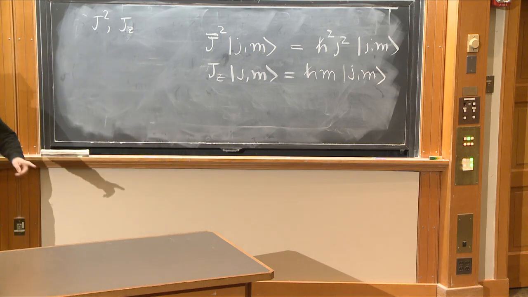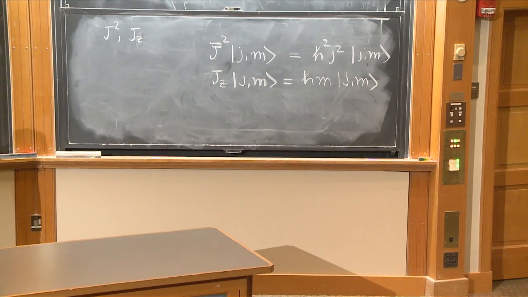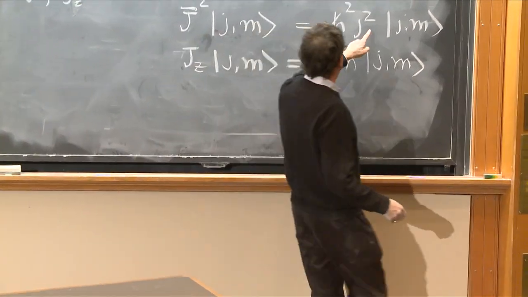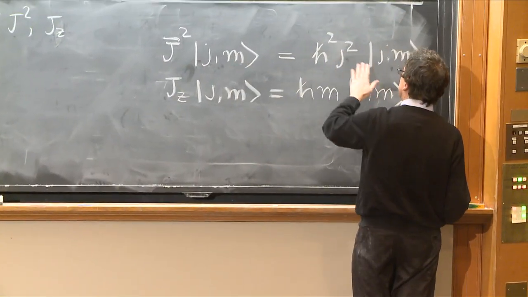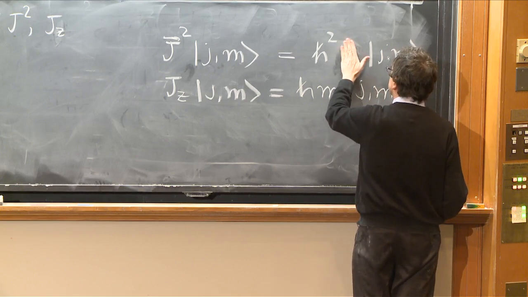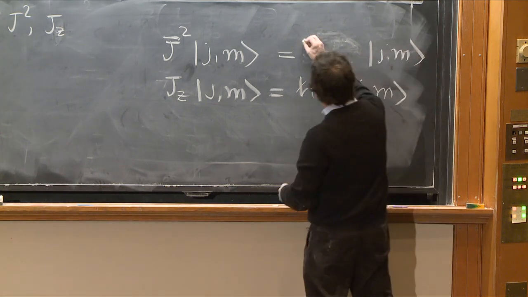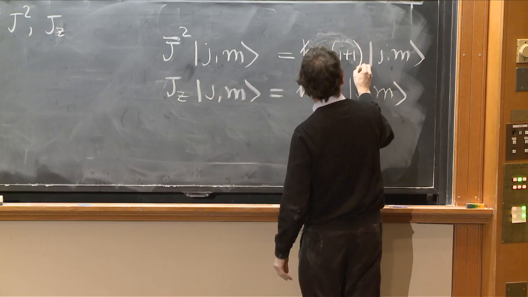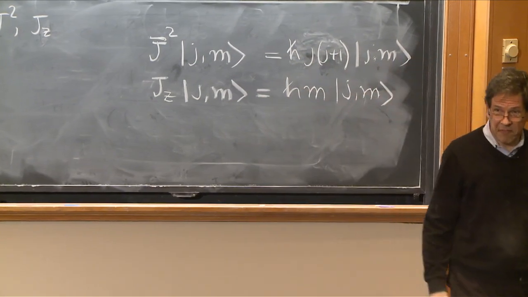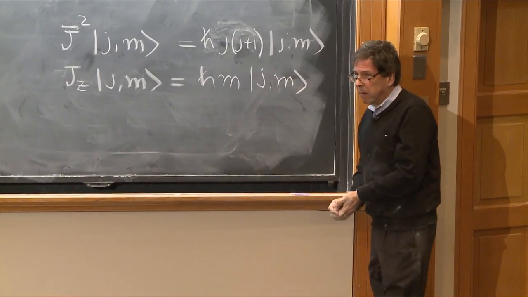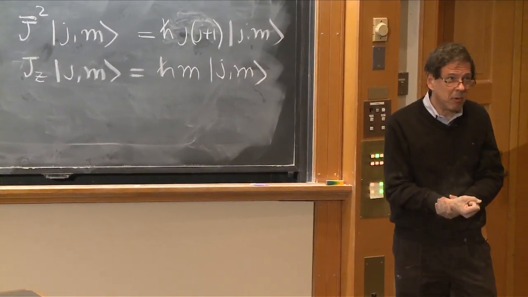But it turns out not to be very convenient to put a j squared there. It ruins the algebra later. So we'll put something different that we hope has the same effect, and I will discuss that. I'll put h bar squared j times j plus 1. It's a funny way of declaring how you're going to build the states, but it's a possible thing to do.